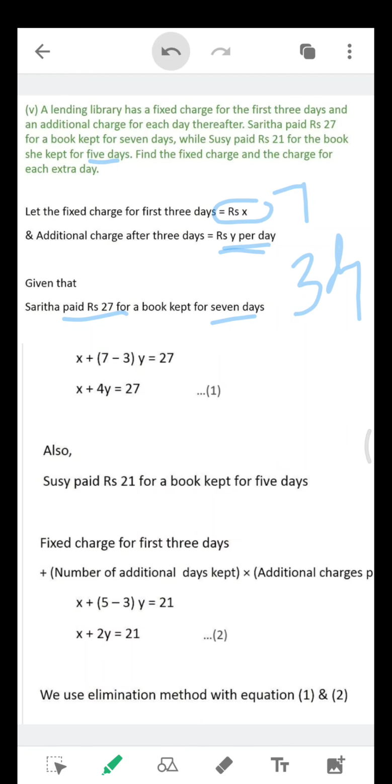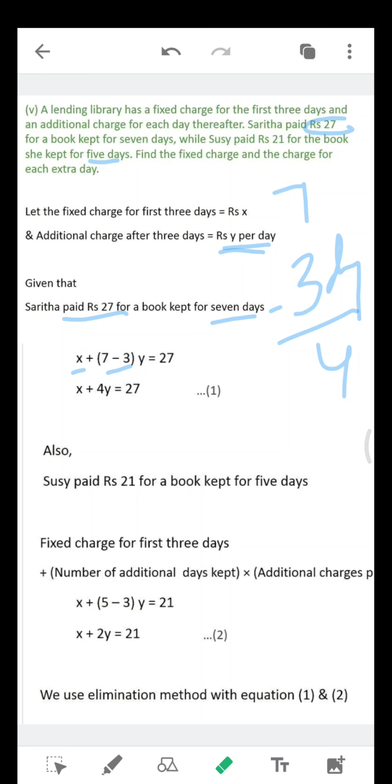So 7 minus 3 is 4, so she is keeping the book for 4 extra days. The equation becomes x plus 4y is equal to 27.